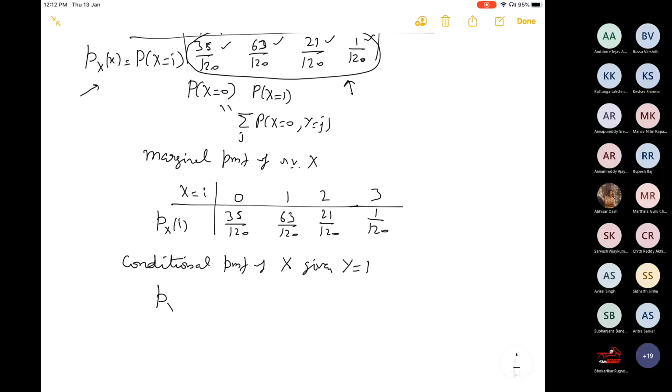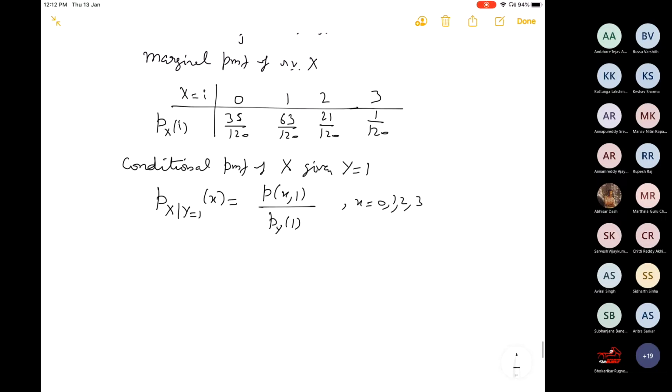That means the probability of x given y is equal to 1 is p(x, 1) upon p_Y(1), where x is varying from 0, 1 to 3. So for example, I want to find out what is p(x given y is equal to 1) at 0. So this will be p(0, 1) upon p_Y(1).